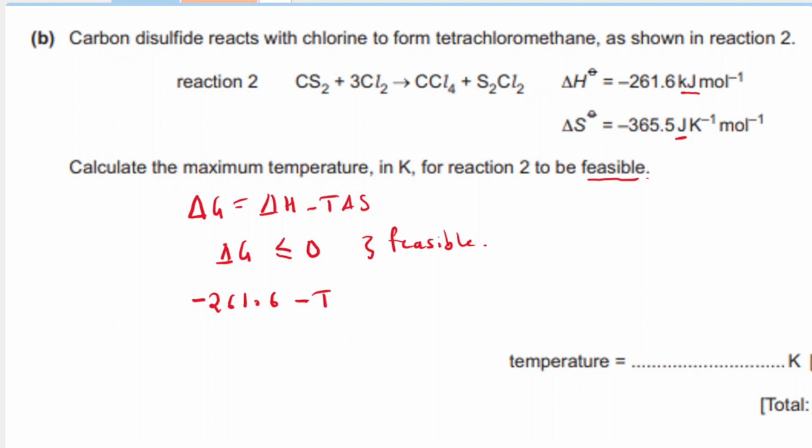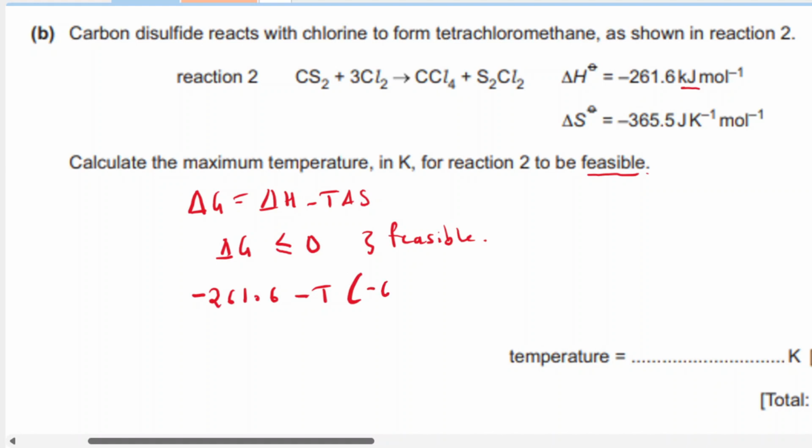Okay, so let's just change this one to become kilojoules. So you divide this by 1000 because you're going from joules to kilojoules. And this will be negative 365.5 divided by 1000, negative 0.3655, is less than or equal to 0.